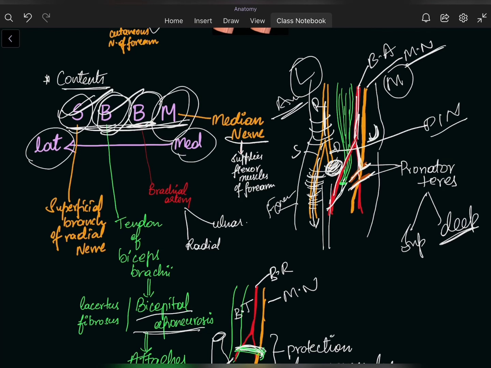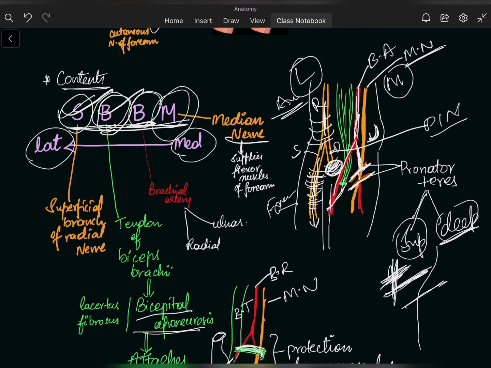Now what is the importance of it? It passes in between the two heads of pronator teres, the superficial and deep head. If this is pronator teres, the median nerve passes in between these two heads, and the brachial artery passes deep to the deep head of pronator teres.